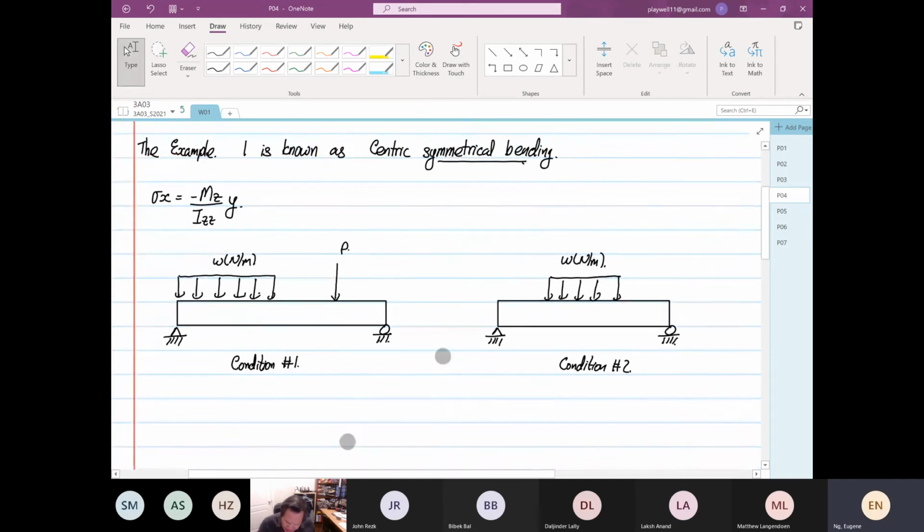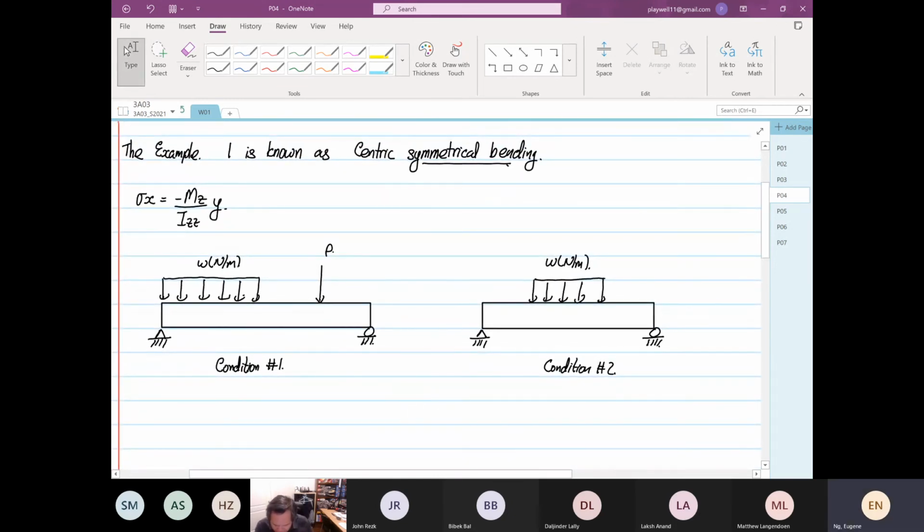Can anyone tell me which one will be generating a centric symmetrical bending? Condition one or two? Anyone, please? Two. This is a trick question, actually. It's probably both. You're absolutely right.